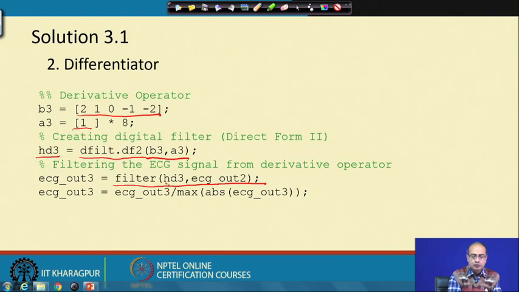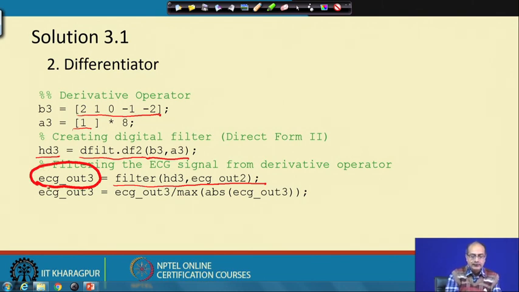We need to give two inputs to this filter: one is HD3, the filter, and second, the input signal, which is what we get out of the band pass filter, ECG_out2. So, at the end of it we get the derivative of the band pass filter output.